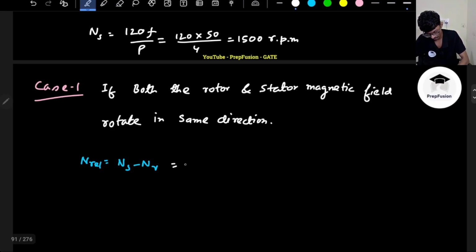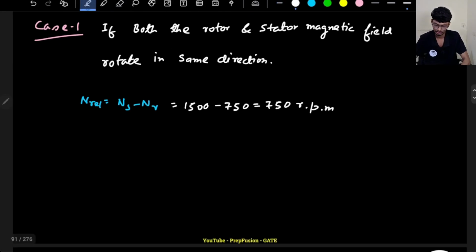So Ns is 1500 rpm and Nr is 750 rpm, so N relative will be 750 rpm.